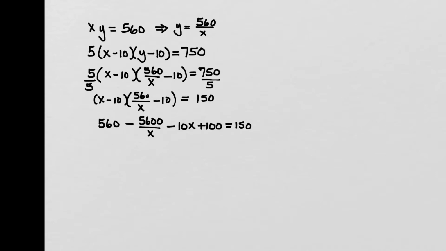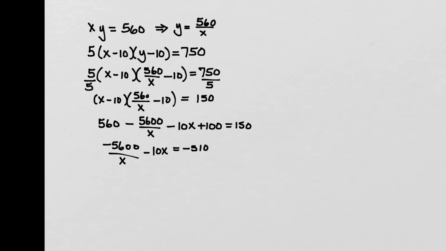So I've got 560, because the x is canceled, minus 5600 over x minus 10x plus 100 equals 150. So I'll subtract the 100 from both sides and the 560 from both sides. And let's see, what does that give me? So negative 5600 over x minus 10x equals negative 510.